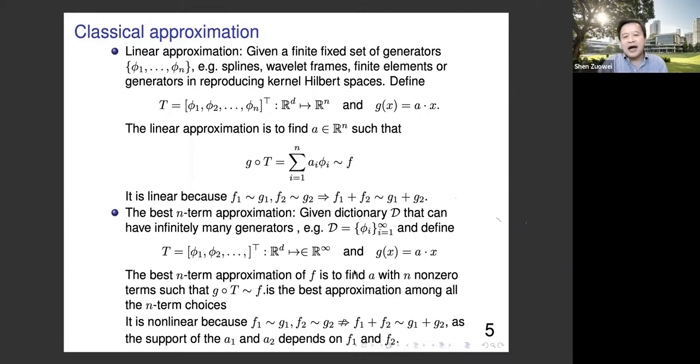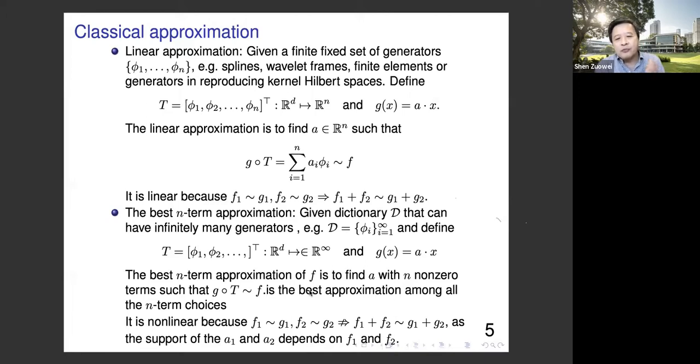This process is nonlinear, which is why in older days people called it nonlinear approximation. Because for each f, you choose the best n terms, the decay rate of the coefficients required is much less.